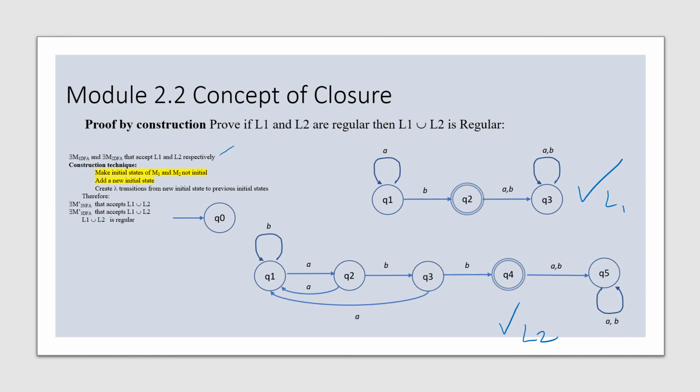The next thing I do: when I constructed these, this was the initial state and this was the initial state. But now I don't use these initial states anymore. I'm going to create a new initial state.